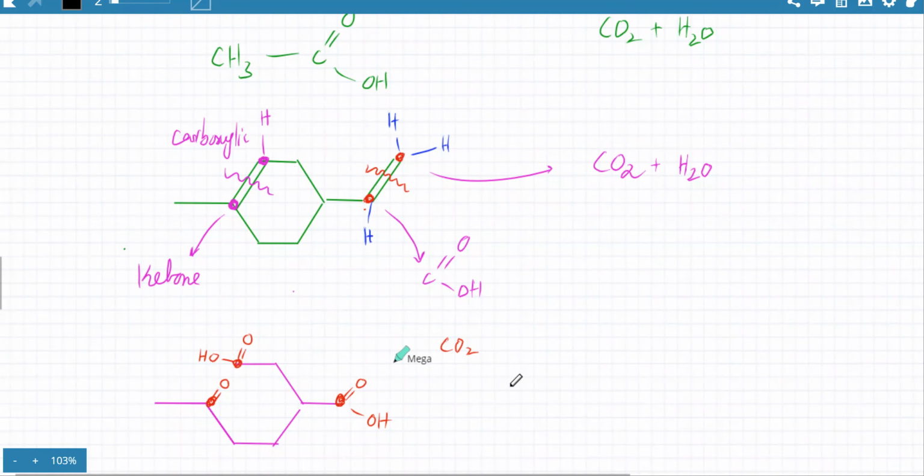So we're going to do more questions like this. Try and send me as homework, or if you have time, you can try and do this right now. Send me the product of this molecule that I'm drawing.